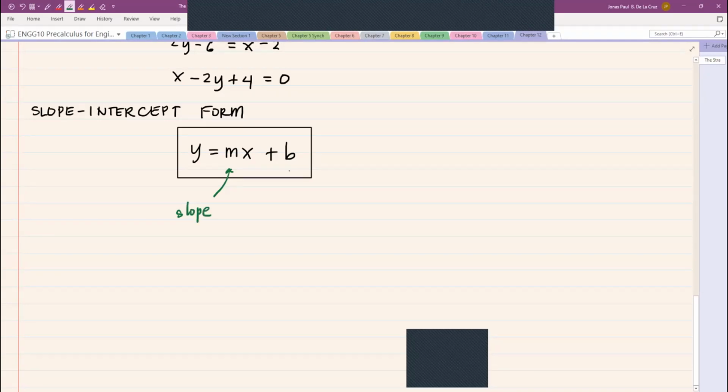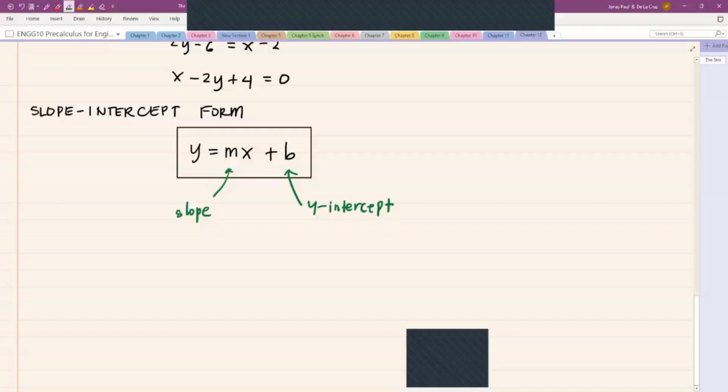Etong b na to, this is the y-intercept. Okay? Kaya tinawag na slope-intercept form kasi kailangan natin ng slope at saka y-intercept. Ano ba yung y-intercept? The y-intercept is the point where the line crosses the y-axis.